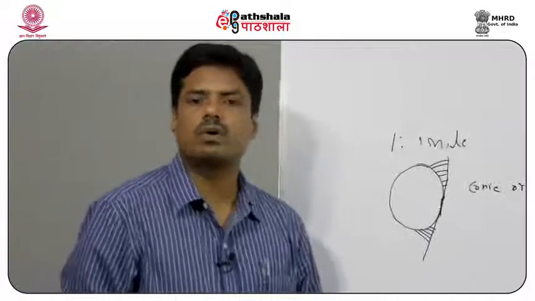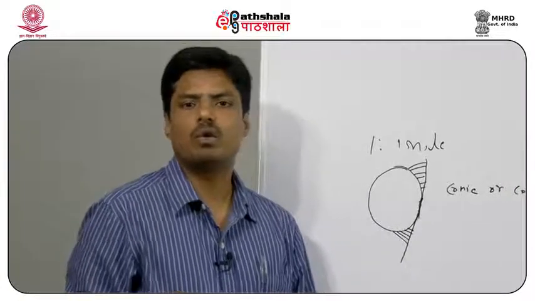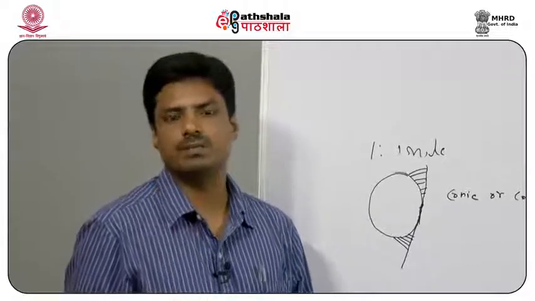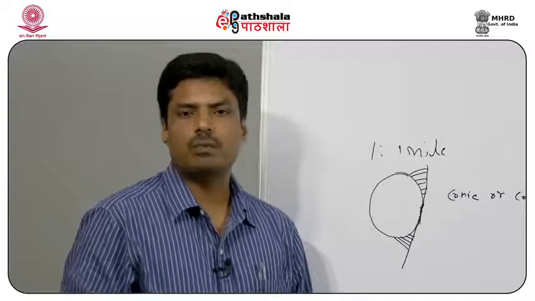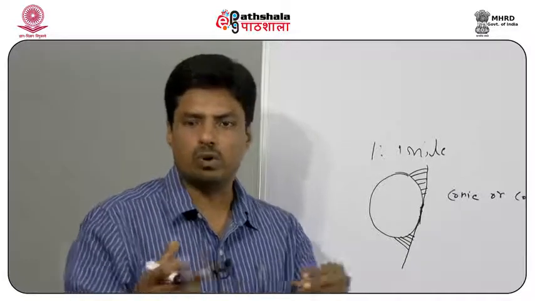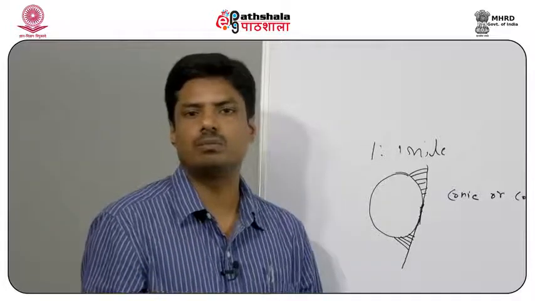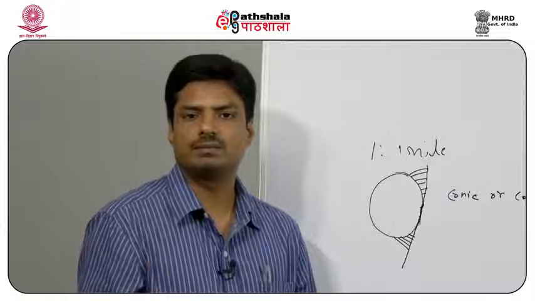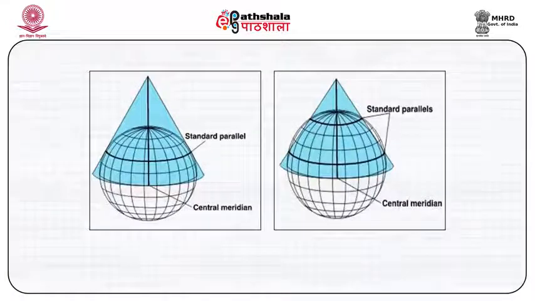When we talk about the conic or conical projection, you all know about the shape of a cone. Suppose we place this cone from the top on a globe. So the area which touches the globe will be known as the prime meridian, or the area where the scale will be true to the meridian.